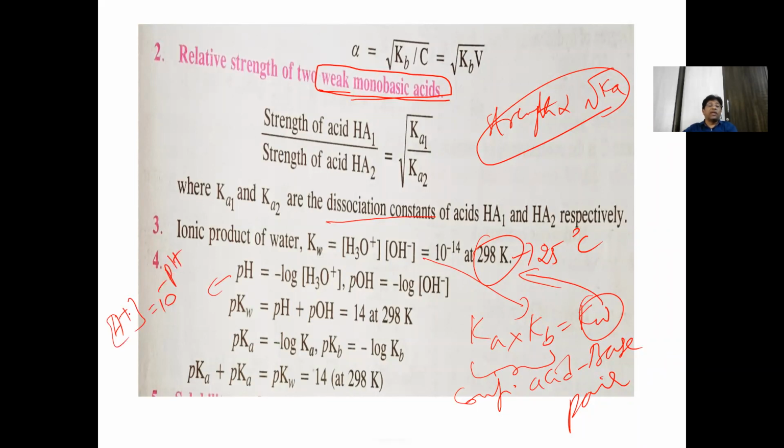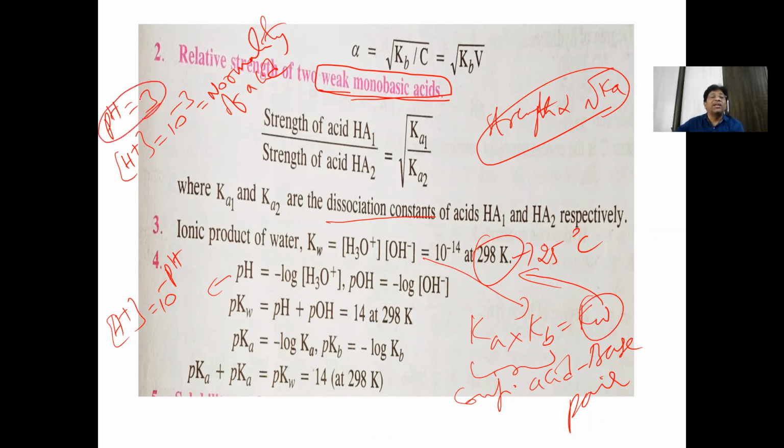If pH is equal to 3, H plus ion concentration is equal to 10 power minus 3. Why is it an acid? Because pH value 3 is given, which is less than 7. That means it must be an acid.